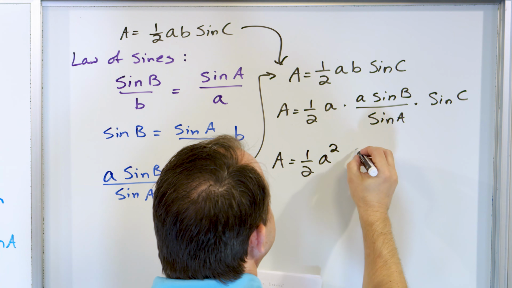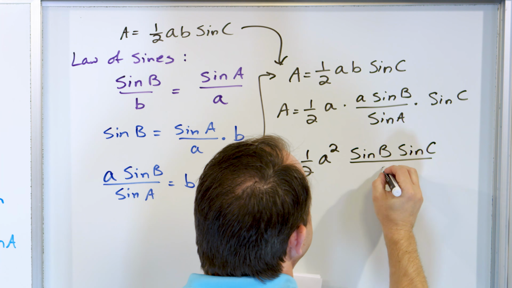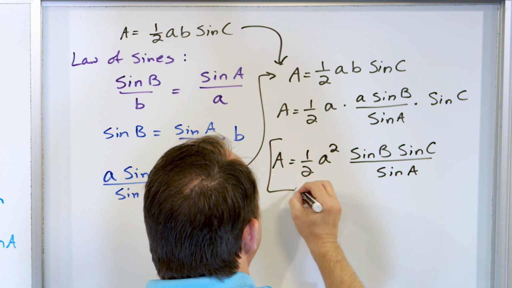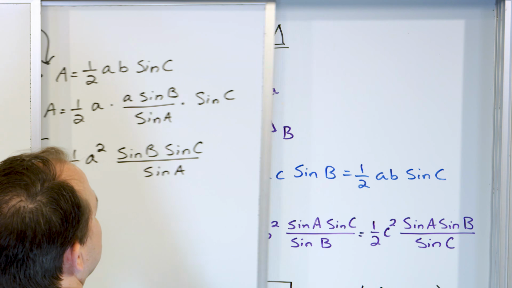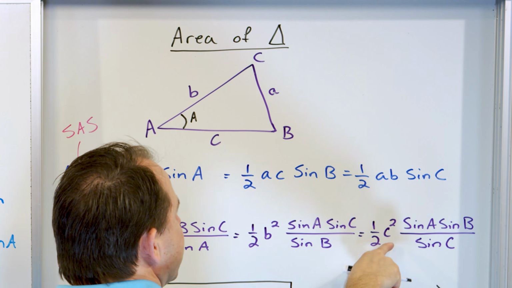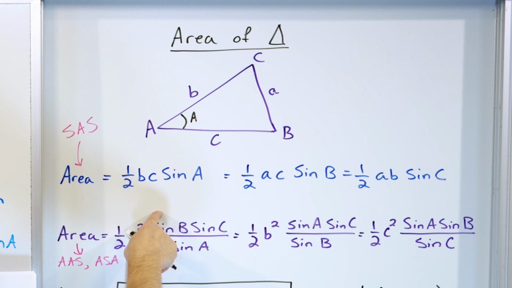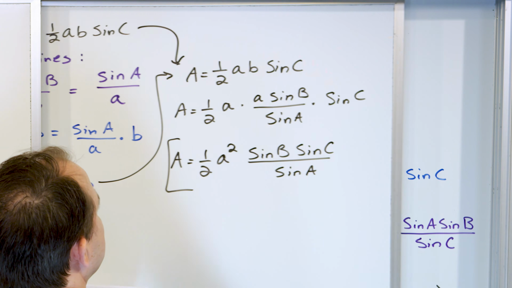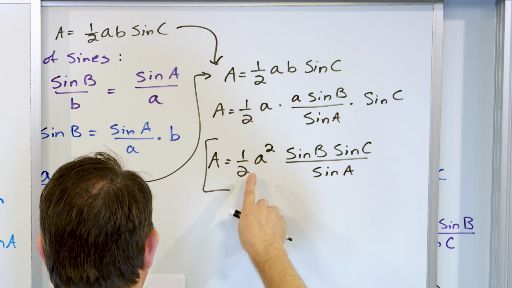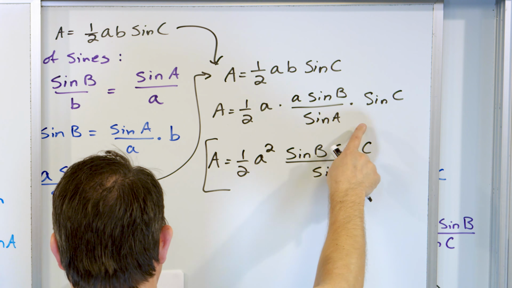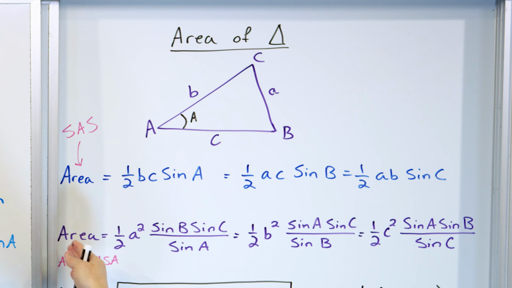And what we're going to get is sine of B multiplied by sine of C, and then on the bottom, sine of A. This is what we set out to prove: 1/2 a squared sine B sine C over sine A. Just double checking it's right. So that's that version of it, right?